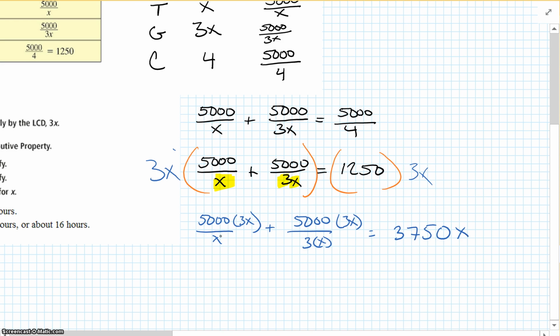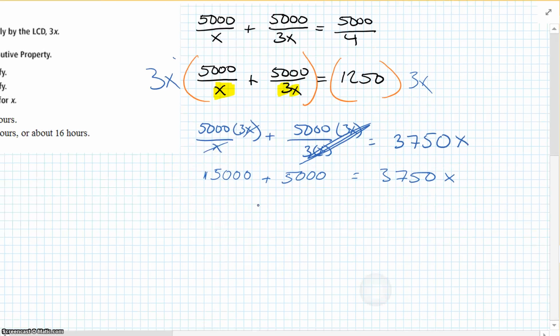Okay, so the left side, the x's cancel, so 5,000 times 3 is 15,000. The right side, the 3x's cancel, so that's plus 5,000. So 15,000 plus 5,000 equals 3750x. So I've got 20,000 equals 3,750x.